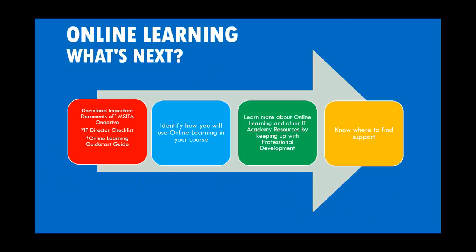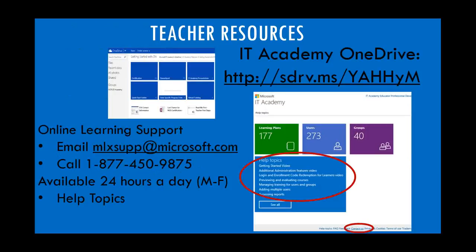But also know where to find support. We needed some support with the IT Academy, in particular online learning. So we have gone ahead and listed the different avenues of support that you can use to help you with online learning. Up there at the very top of this slide, you'll see the IT Academy OneDrive.